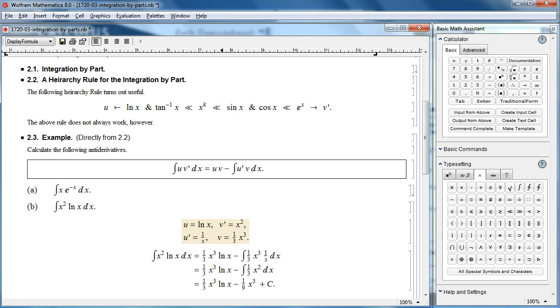V prime becomes v, so we did one antiderivative computation here. Not difficult at all, this is just a power rule. Put everything into this integration by parts formula, uv minus u prime v. So uv minus u prime, which is 1 over x, times v.